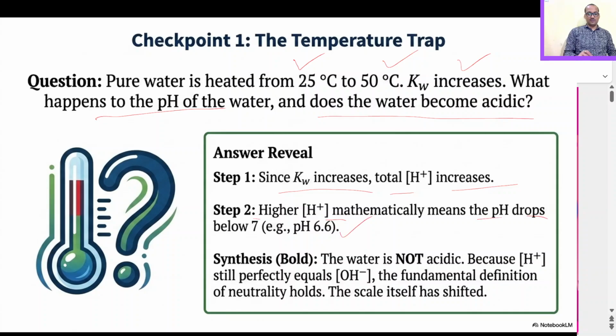It drops to around 6.6 from 7. But the thing is, water is not acidic because H plus ion still perfectly equals OH minus ion. The fundamental definition of neutrality holds. So only the scale itself has shifted.